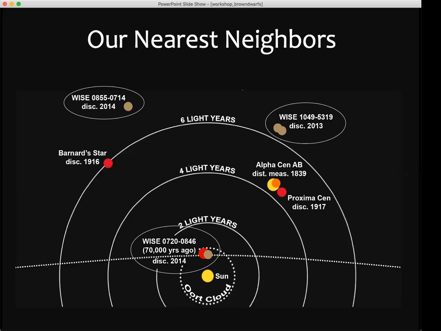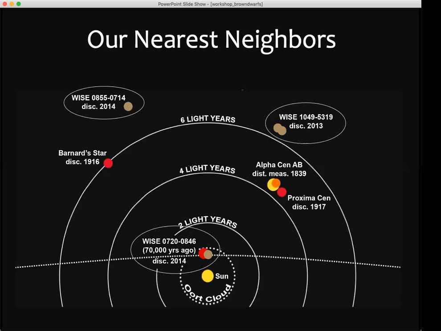Now, you might say, oh, maybe there are records of people seeing the star. It would still have been invisible to the naked eye, even though it could have passed close to the Earth. So these are really hard systems to study. In fact, as I mentioned, Proxima Centauri and Barnard's star, 2 of our closest stars, are invisible, and that's why it took until 1910 to discover them for the first time.